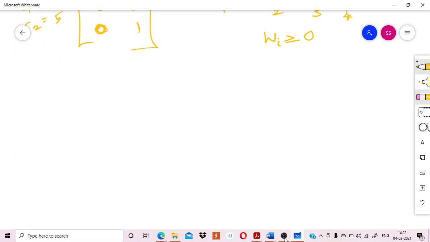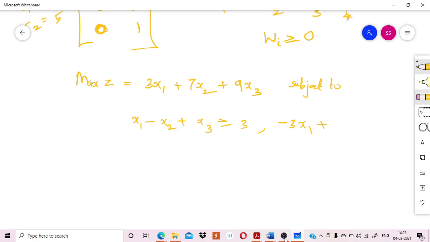Example 2: we have maximize z equal to 3x1 plus 7x2 plus 9x3, subject to the constraints x1 minus x2 plus x3 greater than or equal to 5 and minus 3x1 plus 2x2 less than or equal to the given value, with x1, x2, x3 greater than or equal to 0.